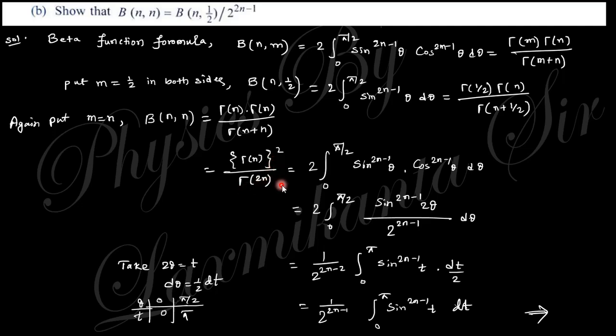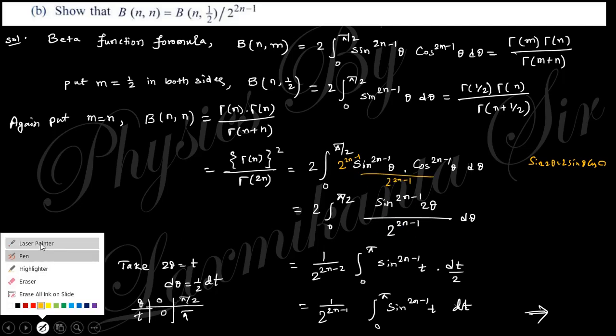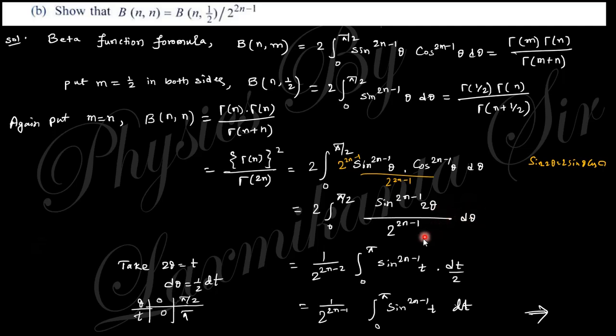So this is gamma n whole square by gamma 2n, and in this integrand form, put m and n both the same, and if you take 2 here, to form the sin 2 theta formula, sin 2 theta equals 2 sin theta cos theta. So you need here 2 to the power 2n minus 1. That's why we divided by 2 to the power 2n minus 1, and this gives you sin to the power 2n minus 1 of 2 theta by this.